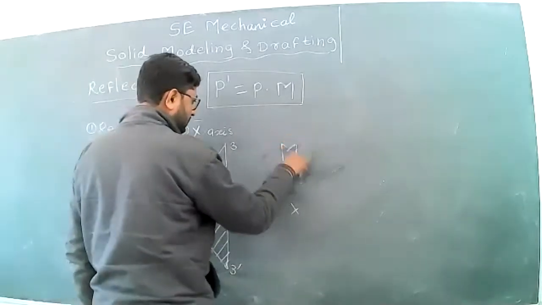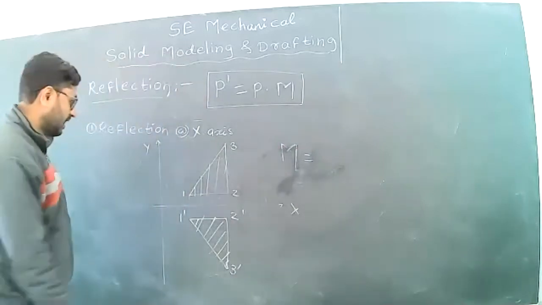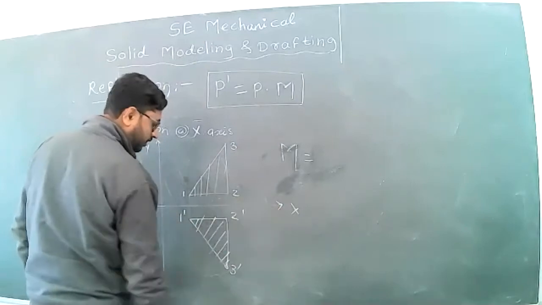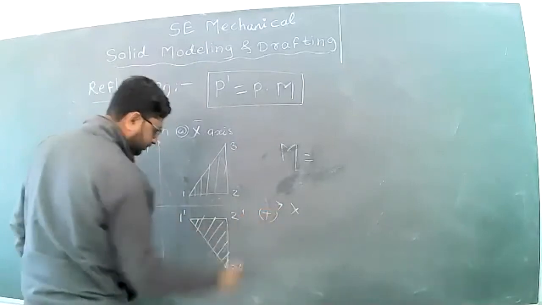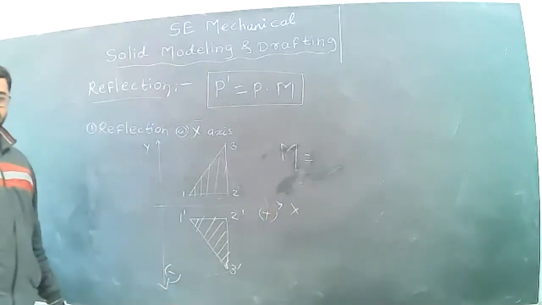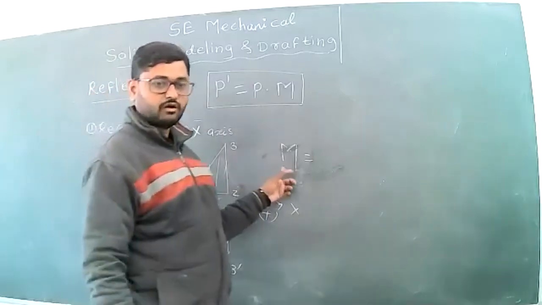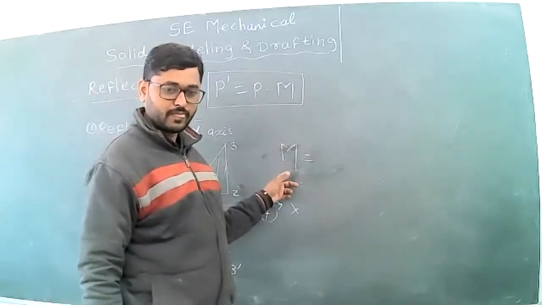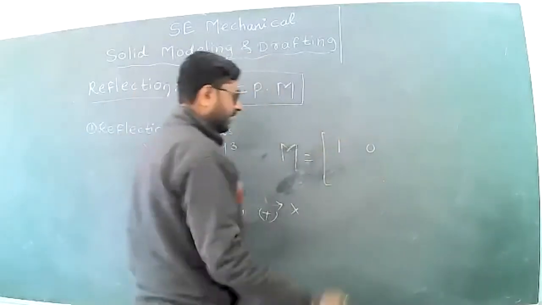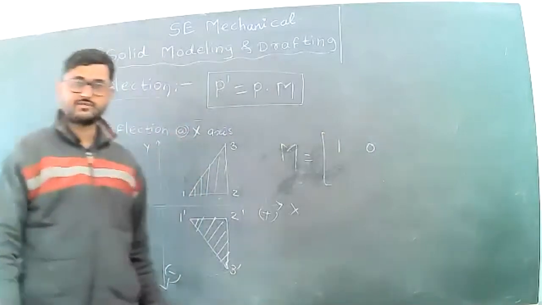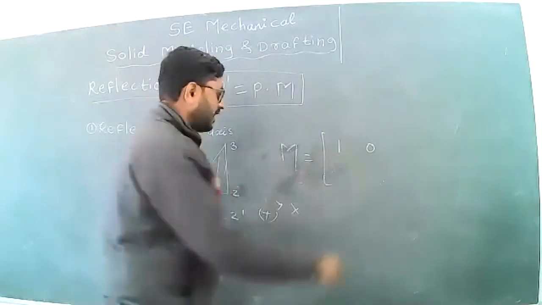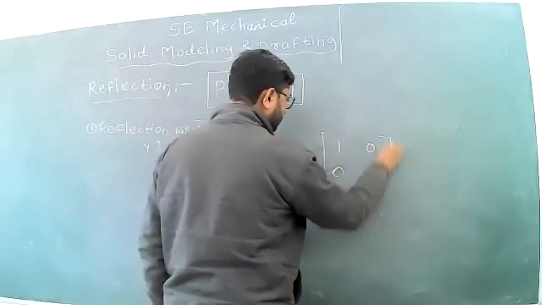Here again, for this particular case, our triangle occurs in the positive x-axis and negative y-axis. So the reflection parameter M for this case has a positive x parameter, that's why we take plus 1 0 and 0 minus 1.